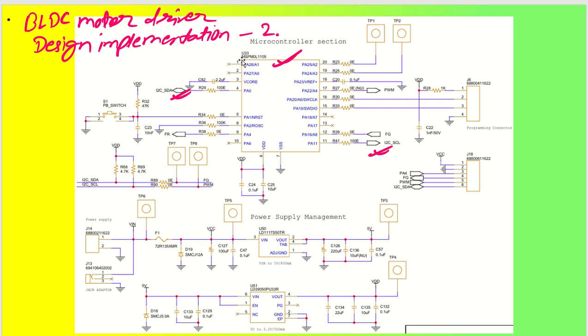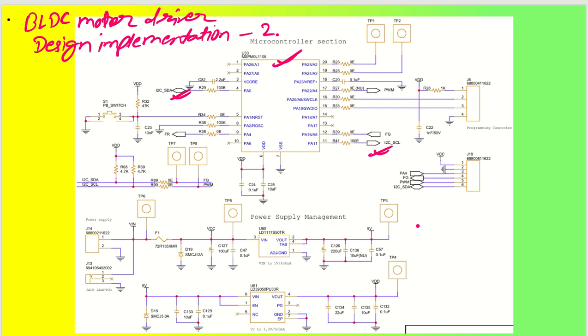As I have already explained several times, this microcontroller will be powered by VDD, that is 3.3 volt, and then we have a reset pin, then we have a programming connector here, and we have one more connector I have put. If you want to put it on the same board, then you don't need this connector, otherwise you need this connector so that you can send it to your motor driver PCB.